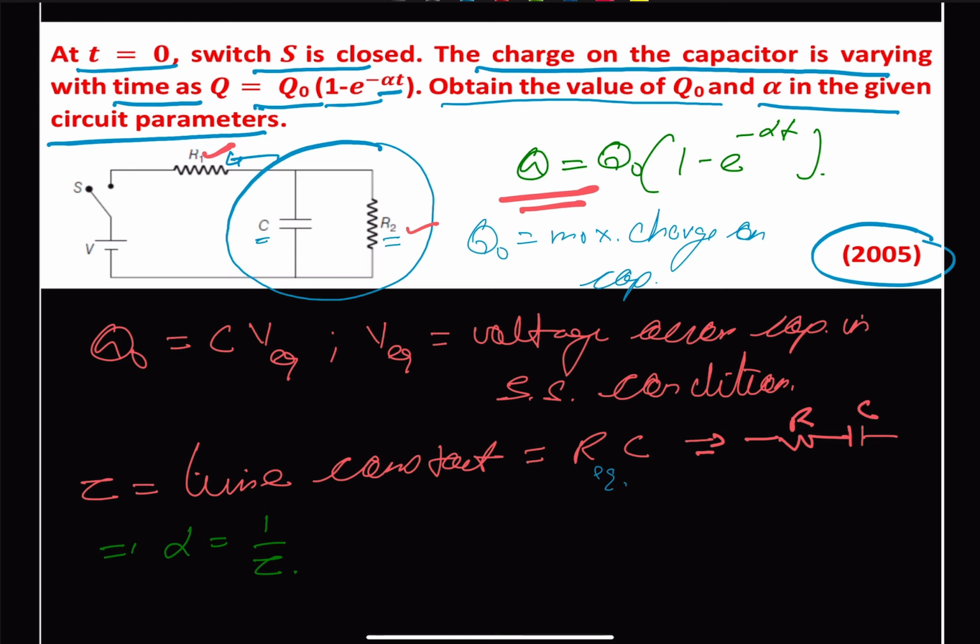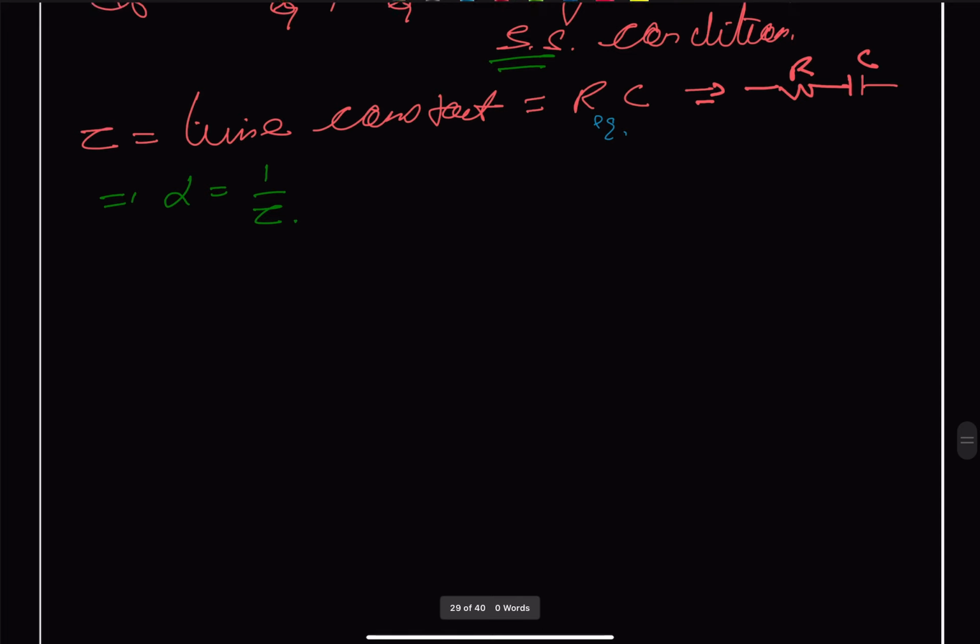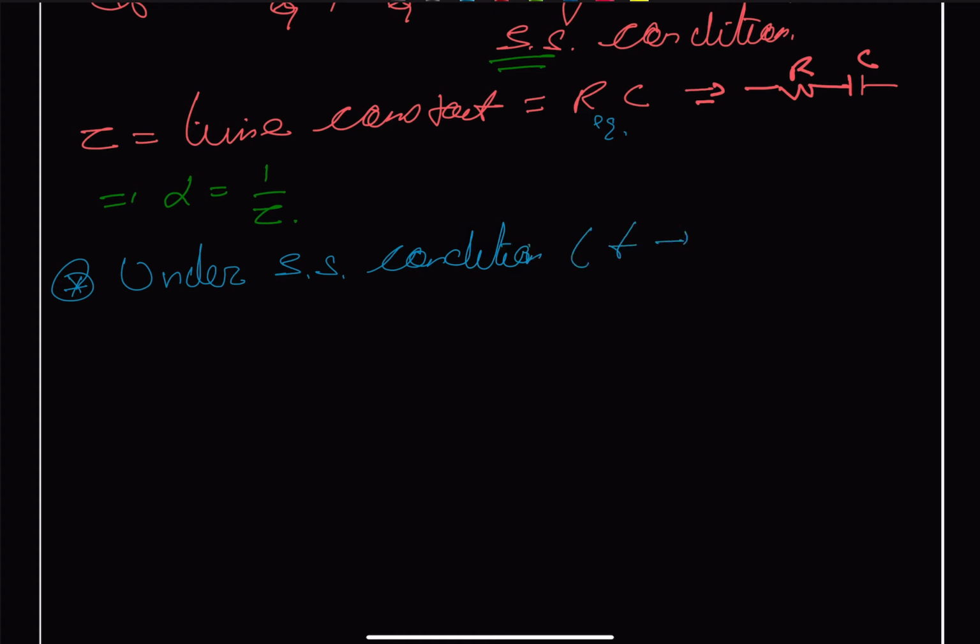So let us first find out what happens under steady state condition, which basically means that t tends to infinity. Under steady state condition, the capacitor C acts as an open circuit.